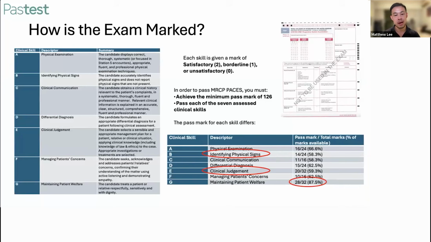The last thing to say about skill G, which is maintaining patient welfare, is that this is pretty much a non-negotiable, and that's reflected in the much higher pass mark in this skill than the other skills. When I say maintaining patient welfare, these are very simple things that ideally should be baked into your clinical habits, although sometimes they can be difficult to remember.